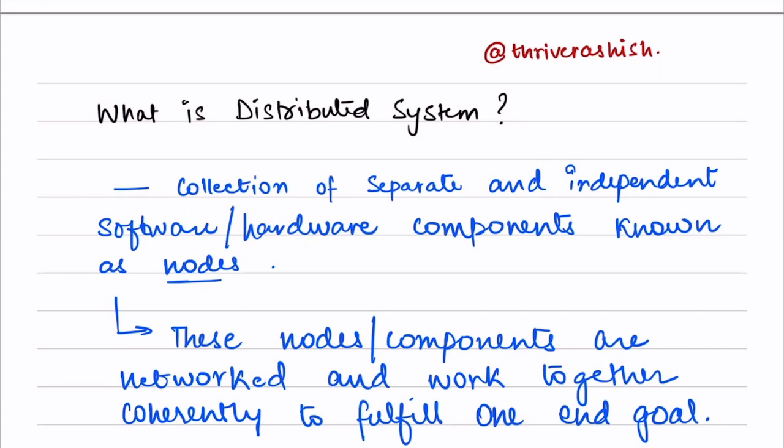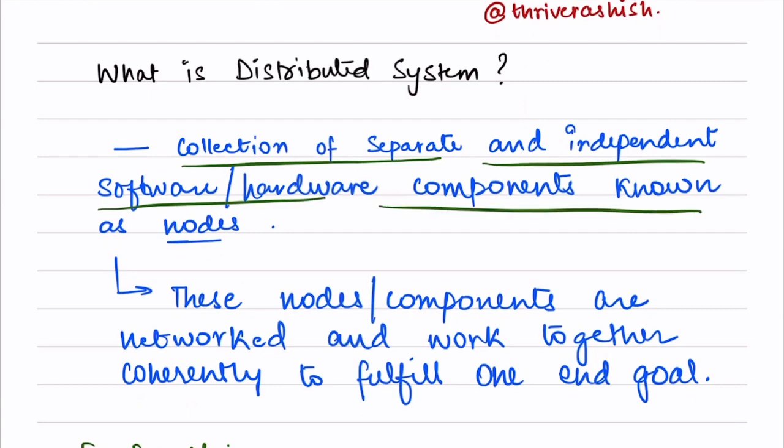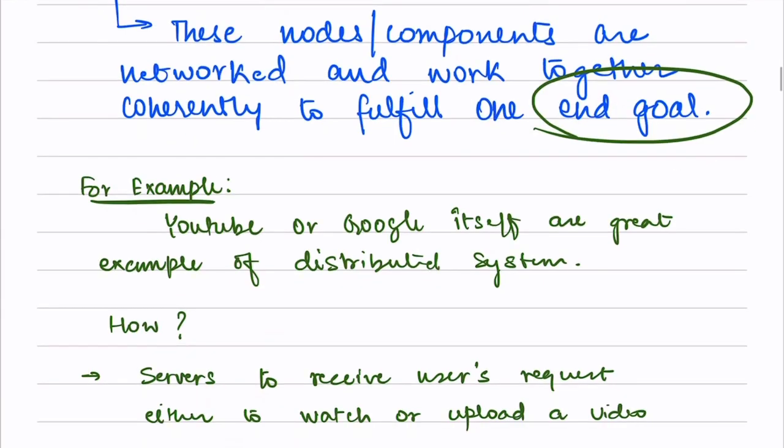So in a way, a distributed system is a collection of separate and independent software and hardware components, which are known as nodes. These nodes are networked together, and they work together coherently to fulfill one end goal. So for example, YouTube and Google are themselves distributed systems.